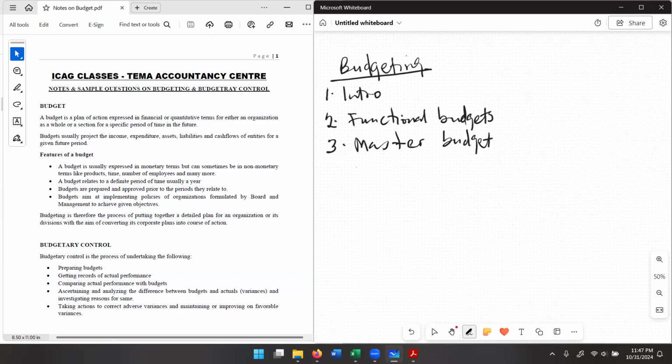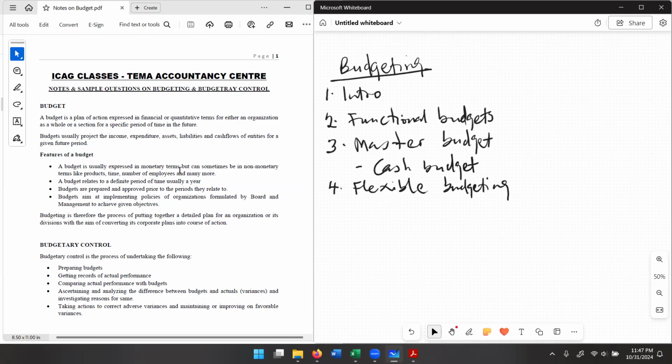But on the master budget, we will concentrate on cash budget. For budgeted P&L and budgeted balance sheet, we will look at that in level 2. Then the fourth thing we will look at is flexible budgeting.